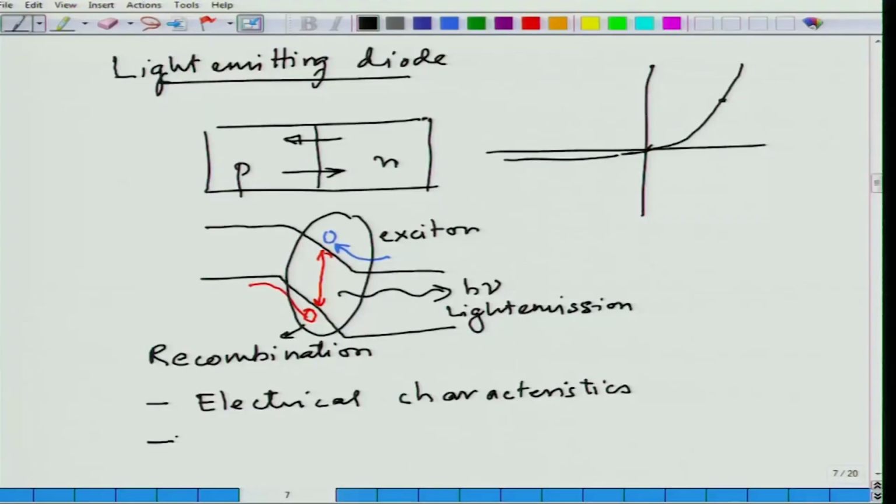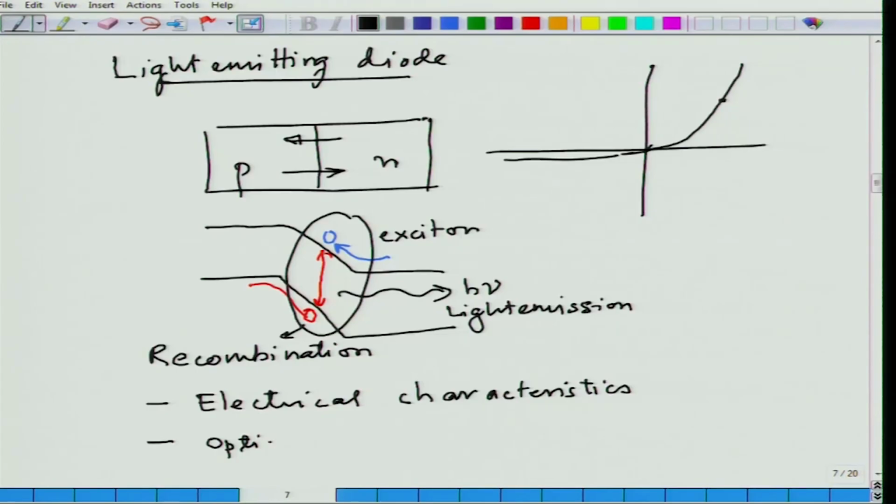Then if I am trying to use the same p-n diode as a solar cell or as a light emitting diode, I need to see what these electrons and holes do in order to either absorb light or emit light, and in that case I also need to know the optical characteristics.